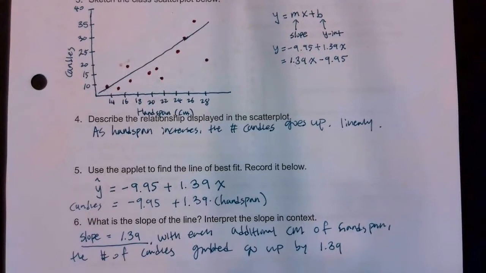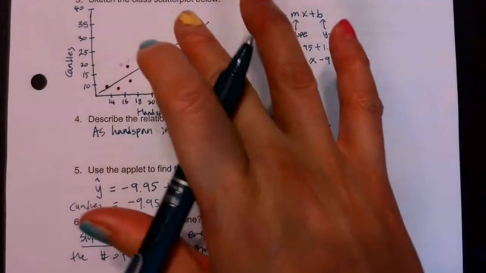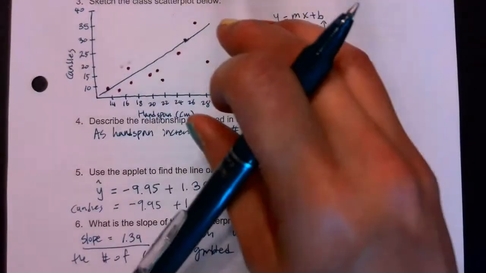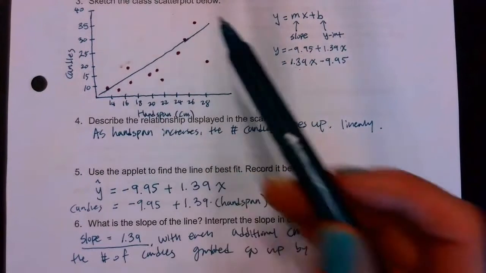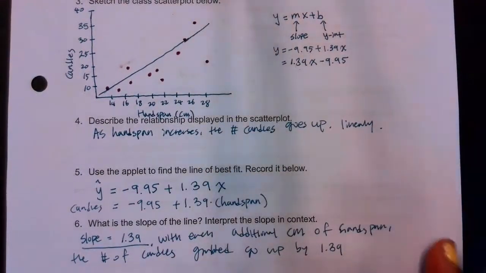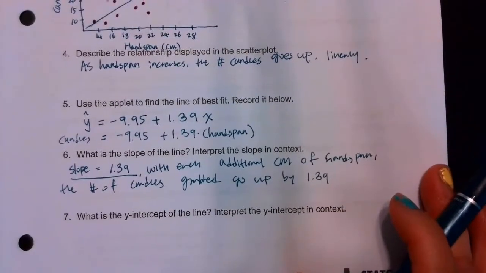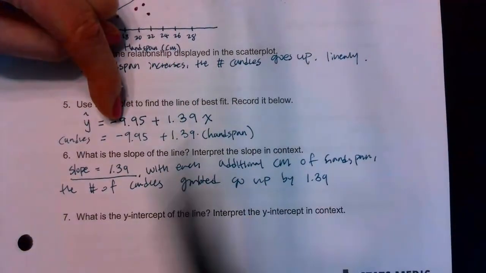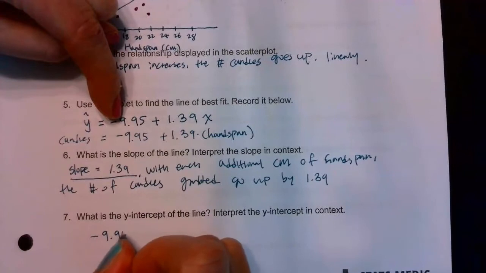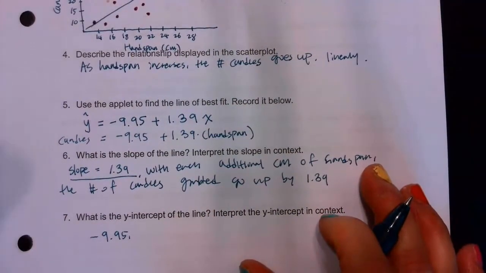So really, for this skill, what you need to do, remember, is what does that line mean? What does the slope mean? What does that y-intercept mean for the line of the best fit for the such data? Okay? All right, number 7. What is the y-intercept of the line? Y-intercept of the line was negative 9.95. Usually, what does y-intercept mean? Y-intercept means the y value when x is 0.